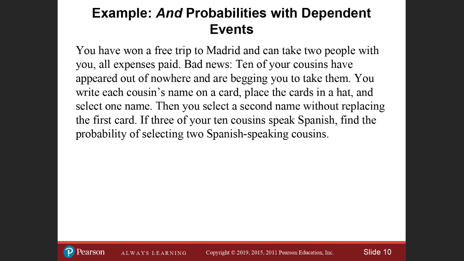So let's take the number two people. All expenses paid. Bad news. 10 of your cousins, so we'll use that information, 10, have appeared out of nowhere and are begging you to take them. You write each cousin's name on a card, place the card in a hat, and select one name.